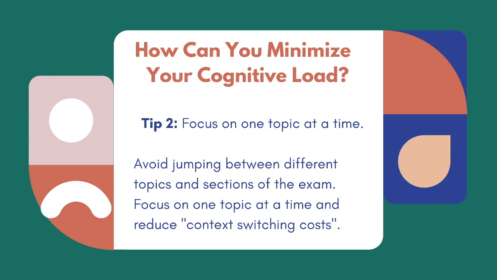This is called context switching costs, and it takes a lot of mental energy to keep switching like this. Similarly, if we were doing exercises and every 60 seconds we had you doing something else, you would be exhausted very quickly. So you want to focus on one topic at a time, be organized in what you're doing. If you're watching videos, I definitely encourage you to watch a video in full.